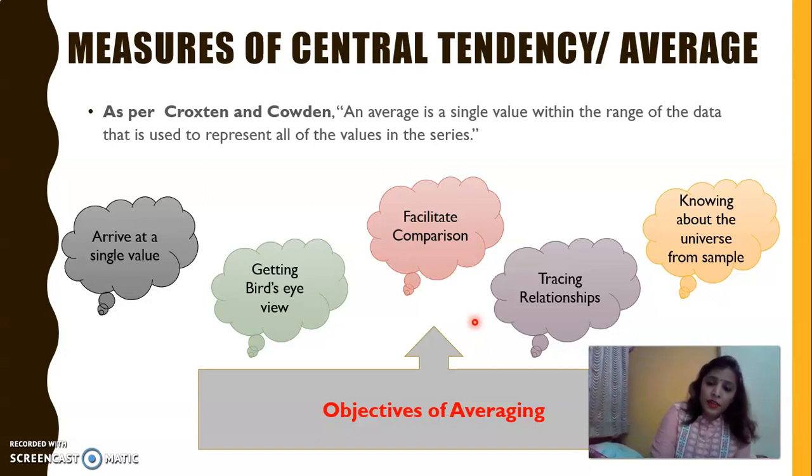data set. Say for example, I have the information with regards to the total marks which are obtained by a particular student of BAF in the semester end exams. So out of 700, I have the total marks obtained by each student.